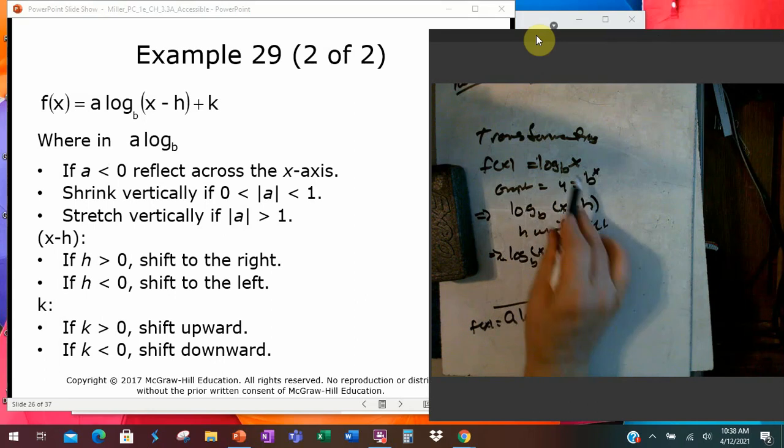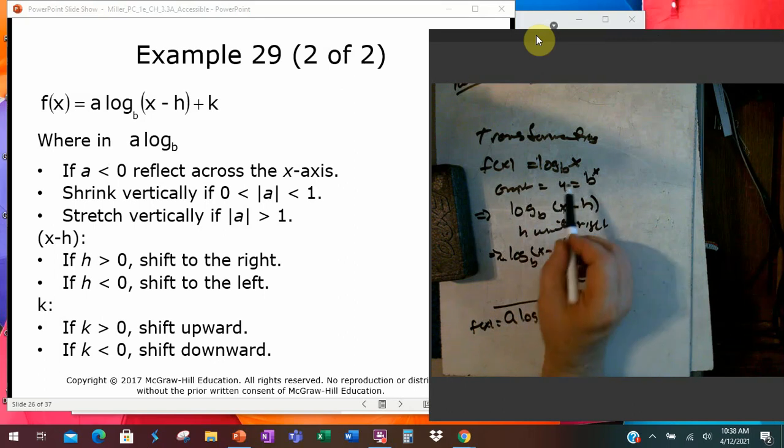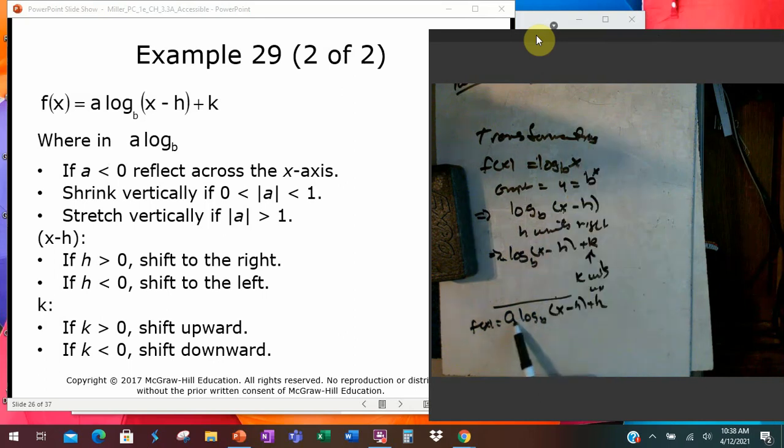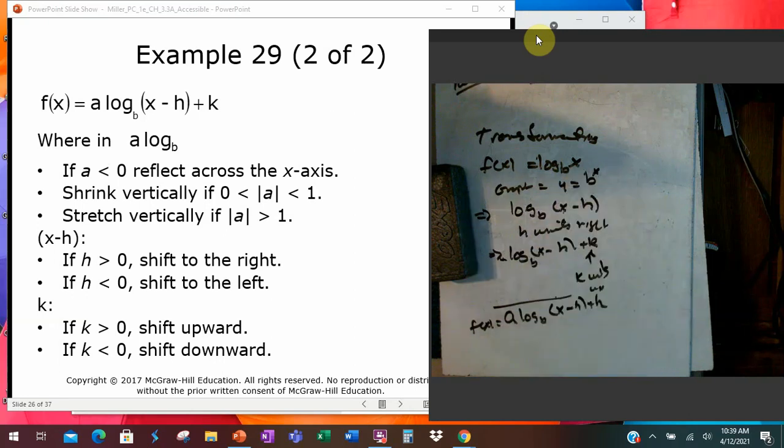I take log base b, I know what this looks like, shift it to the right h units. I do the scale, so anytime the x is staying the same, once I've shifted over h, but the y value from this, I'm multiplying times a. So I'm scaling it up if it's greater, right? And then I take all of that and just shift it up. So all of that gives me the transformations needed to do that.